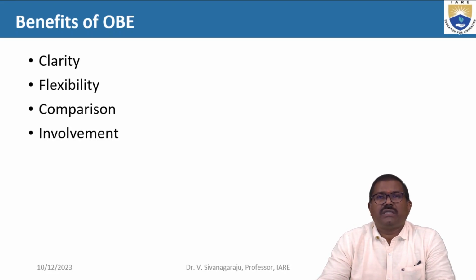Involvement: here all the stakeholders are involved, that is the students, faculty, outside industry personnel, and recruiters. They take all the feedbacks from those stakeholders, then we make our curriculum better for outcome.